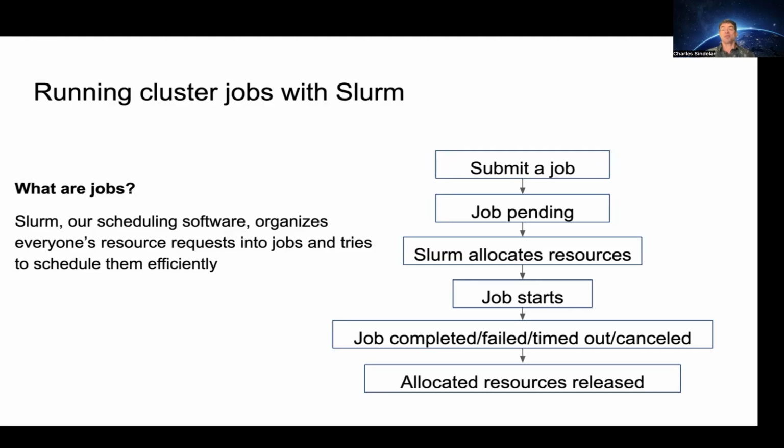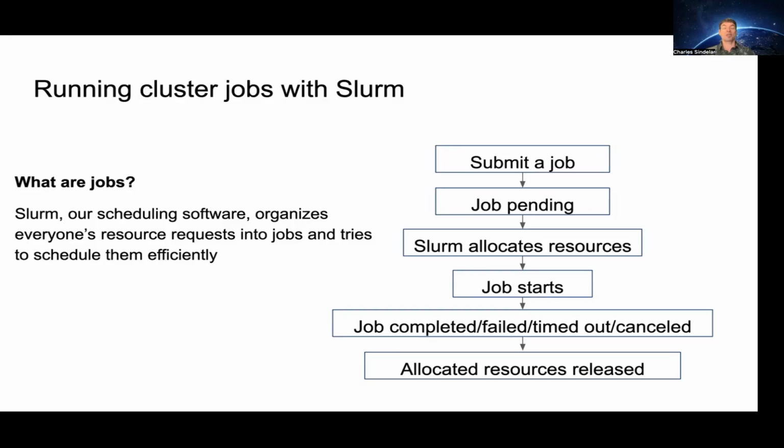Slurm will then try to find a way to run it, and while that's happening, the job will be pending. Once it discovers an opening where there is an available node that can run your job, it will start it. And after the job finishes, hopefully successfully, it will release the resources to allow other users to run their jobs.